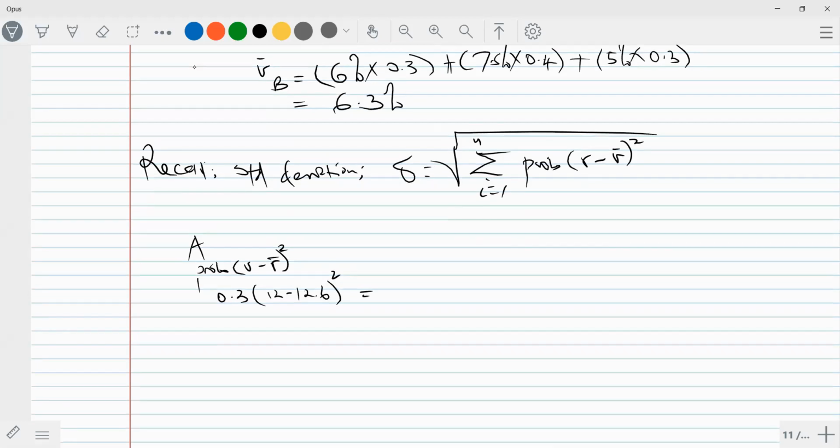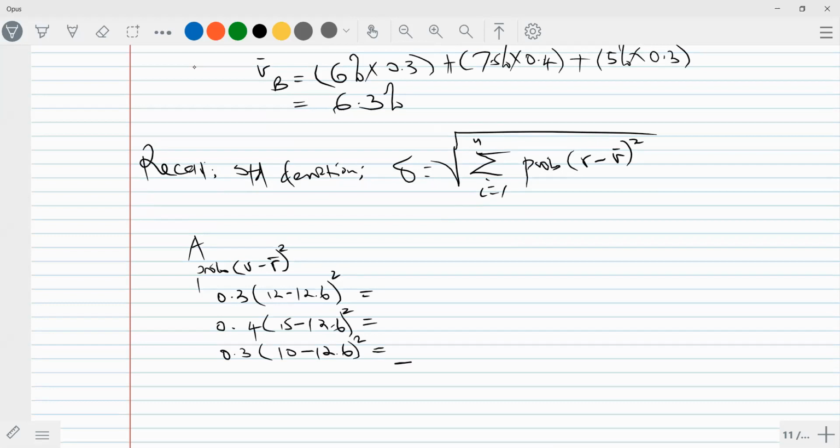The second outcome has chance 0.4. The outcome for A is 15 minus the mean, 12.6, squared. Then we do the same for the third outcome, 0.3. The outcome is 10 minus the mean, 12.6 percent.